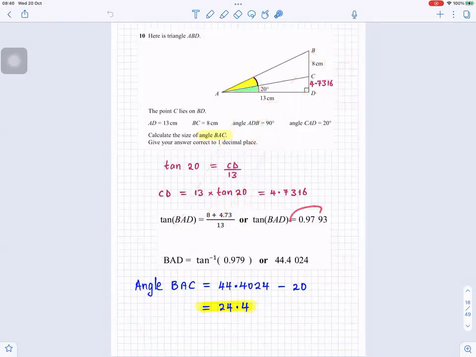That gives you 0.9793. So BAD is the inverse tangent of that, which is 44.4. So angle BAC is 44.4, which is for all of them, minus 20. It gives you 24.4.